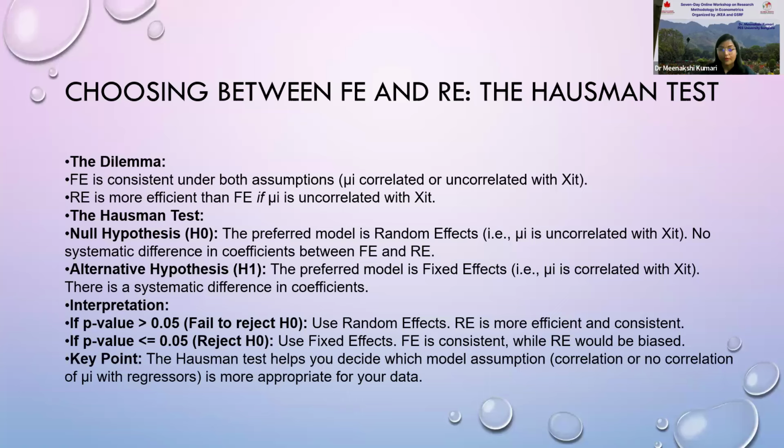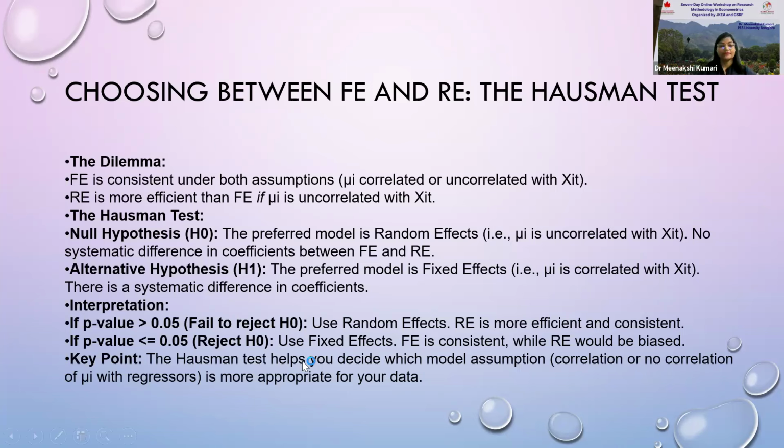H0 says that the random effect model is suited. So you should go with fixed effect, because you are getting a p-value less than 0.05, meaning the FE model is better. So you need to reject H0 and go with the FE model.